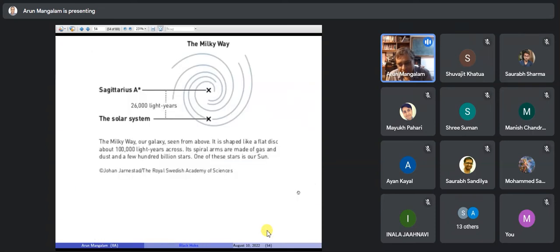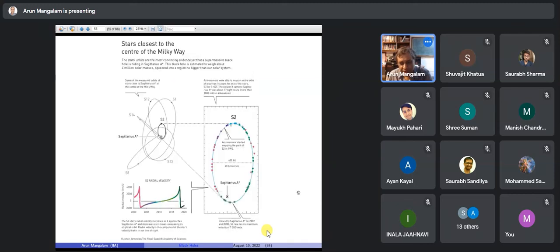Our own Milky Way galaxy has a black hole in the center, and the orbits around this black hole were measured. This is the second half of the prize in 2020. People painfully followed the orbits of these stars for 25 years, right?